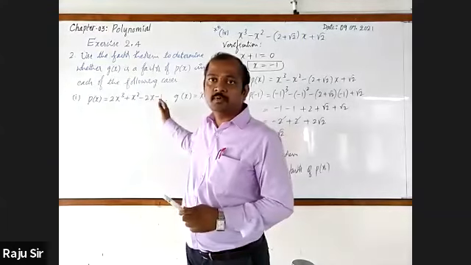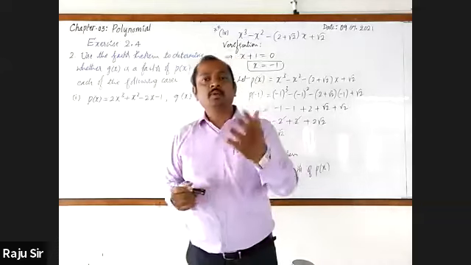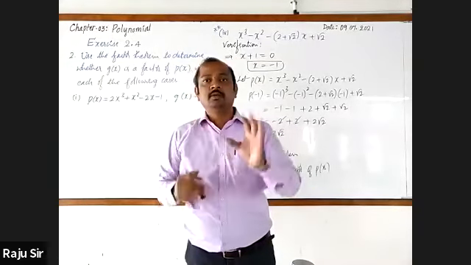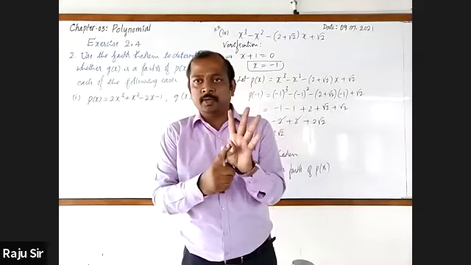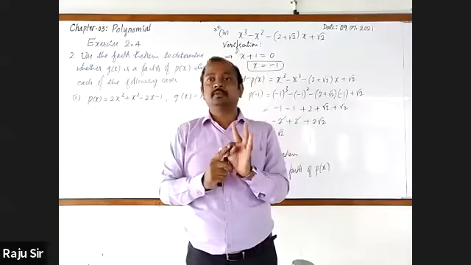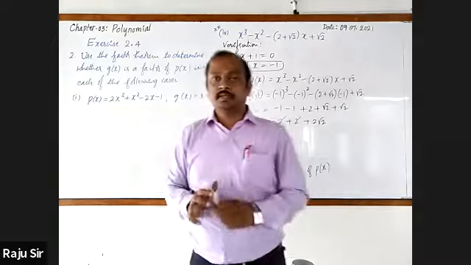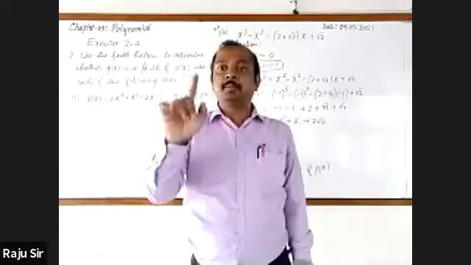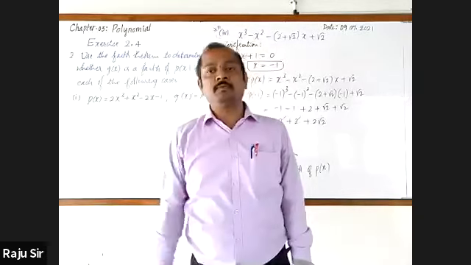So in this case, we have to find out the remainder. How do you go for finding the remainder? Whether you follow the remainder theorem or division, but among these two, the remainder theorem will be easier.